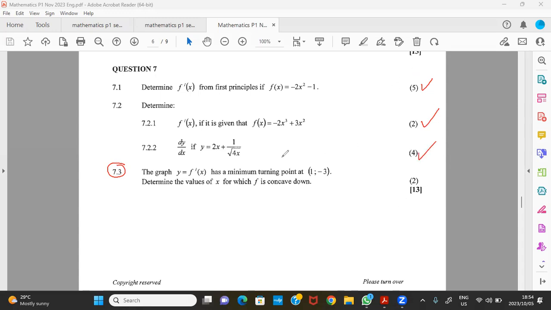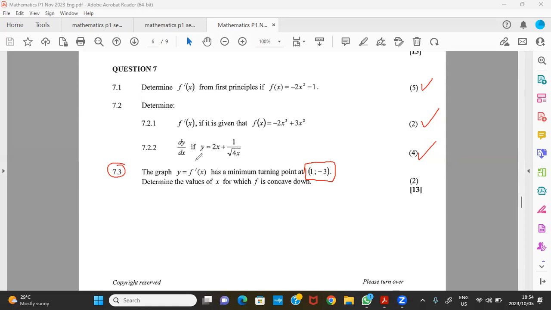So now we are looking at 7.3, and they say the graph y equals f prime x has a minimum turning point at the coordinate (1, -3). And they say determine the values of x for which f is concave down.